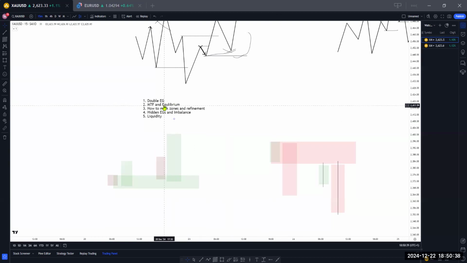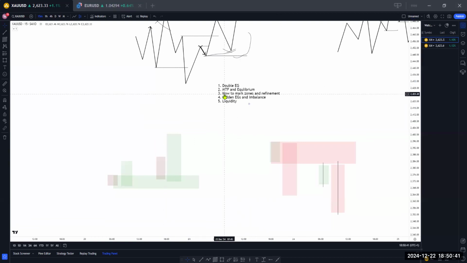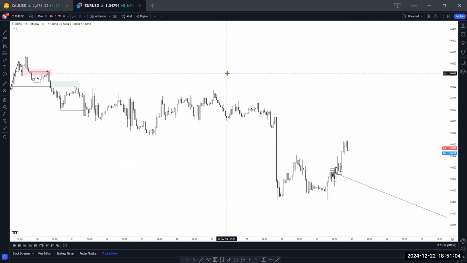So, first on today's list, double engulfings. Double engulfings are very, very easy, very simple. When you see double engulfings, you can see them on any time frame, but because I'm on M15 and H1, these are the time frames that I will see them. There's a lot of it on H1.